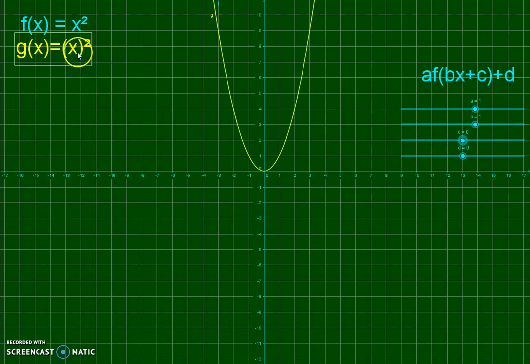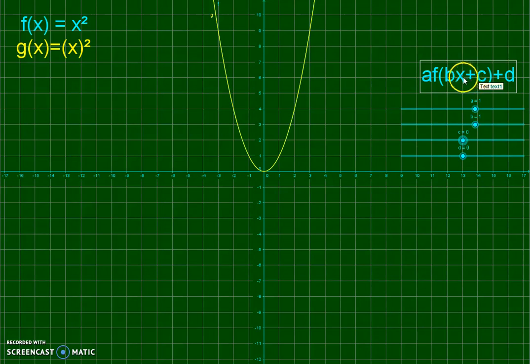We're going to take a look at the parent function quadratic, and the yellow is the image function after the transformation, and we're going to alter the c value here. As we said, this affects the left and right shift. It's kind of counterintuitive, but if you think about it, it really isn't.